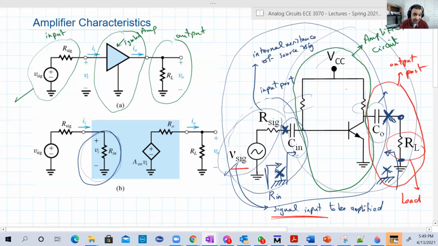So if we look between the 2 terminals of the output, we're going to see R Thevenin, which we're going to call RO, the output equivalent resistance of the amplifier circuit, because we are looking between the 2 terminals of the output, and a voltage source.